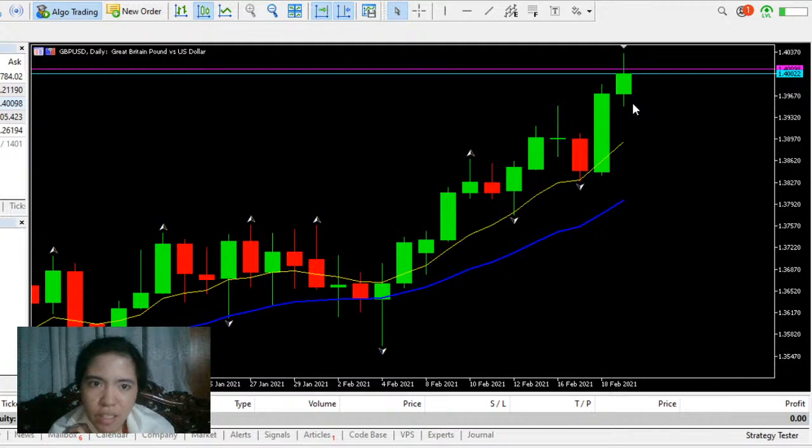So in this case, since it's already far from the EMA, I'm gonna look at the H4. I'm at the D1 right now. Since it's generally a bullish bias, and the bars are already away from the EMA, I'm gonna find an entry in the lower time frames like H4.